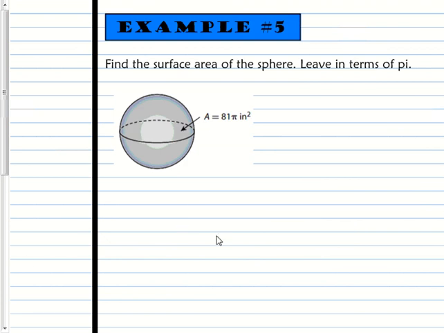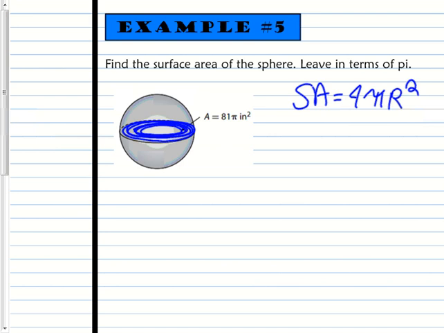Find the surface area of the sphere. Leave it in terms of pi. So, for surface area, again, you need 4 pi r squared, so you have to know the radius. They gave you the area of a cross section. So they're saying, if I were to cut it in half right here, what would the area of that flat circle be? Well, they gave it to you, so now you have to figure out what the radius is from that.